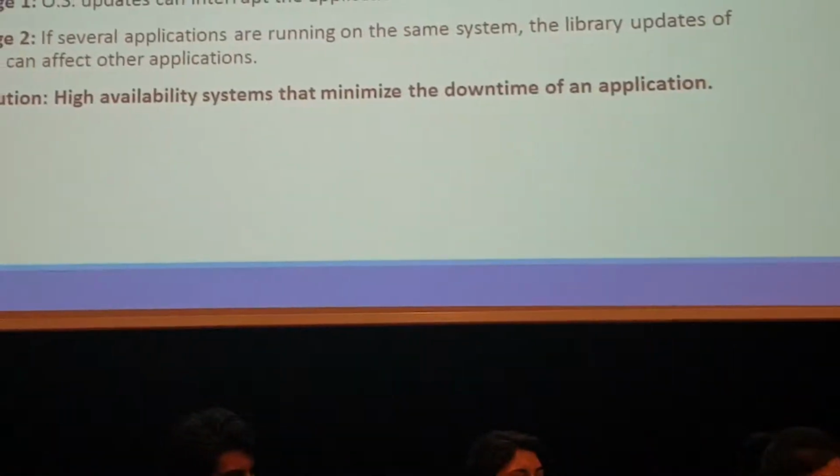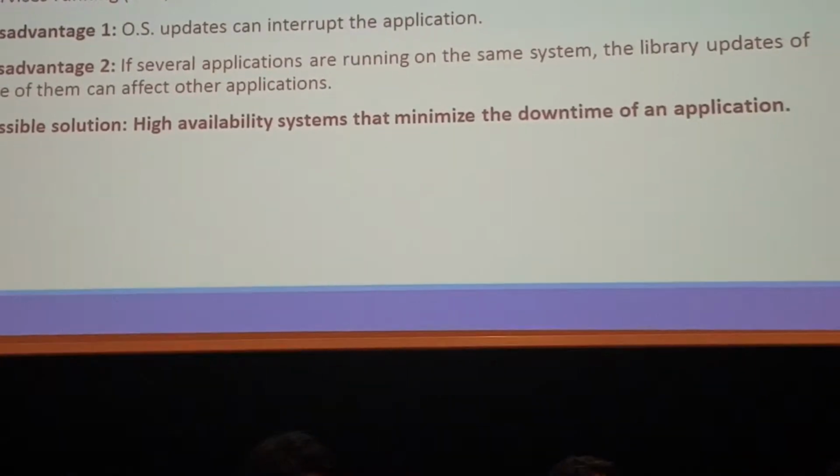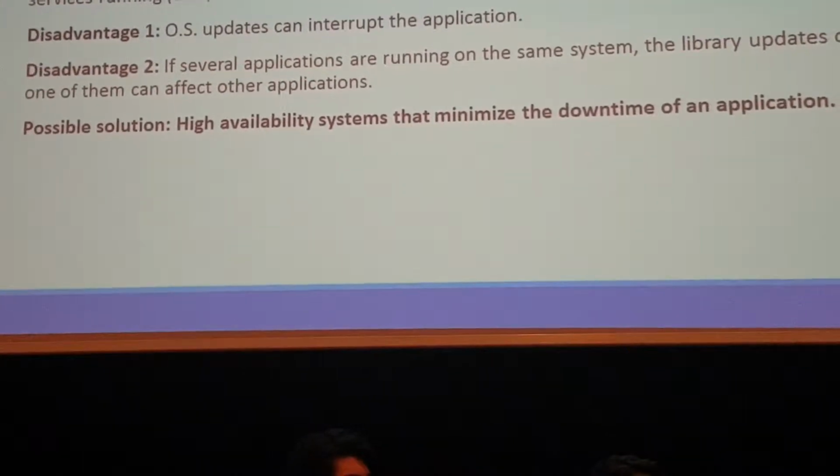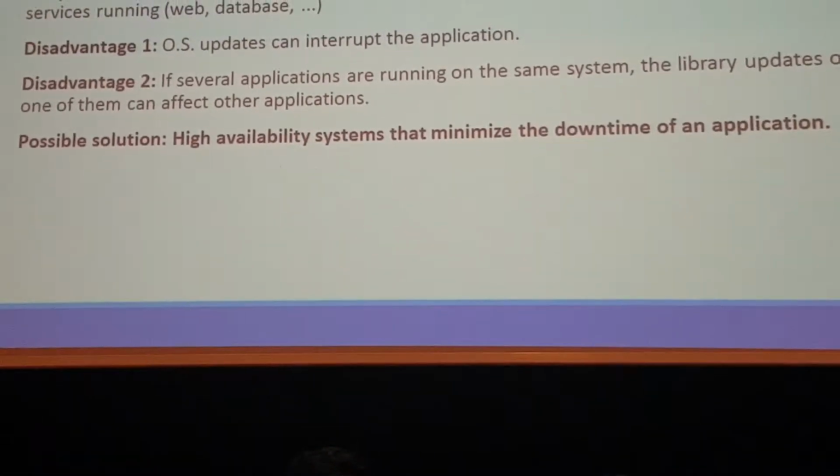So what we want to do instead is develop a high availability system that minimizes the downtime of an application. So what that means is that we have a system that always manages to be available at every given moment of the day, and so that the amount of time that the application is not functioning is minimized.